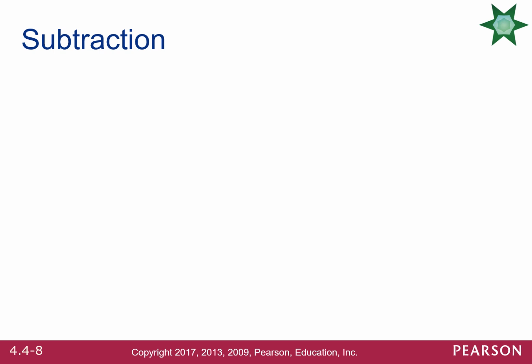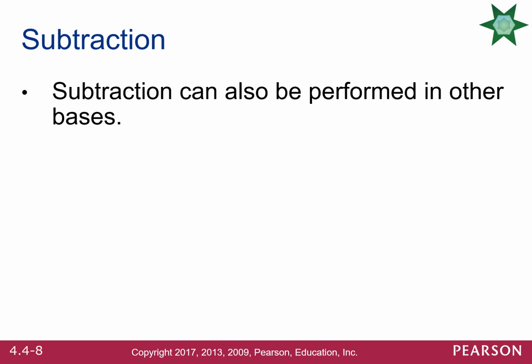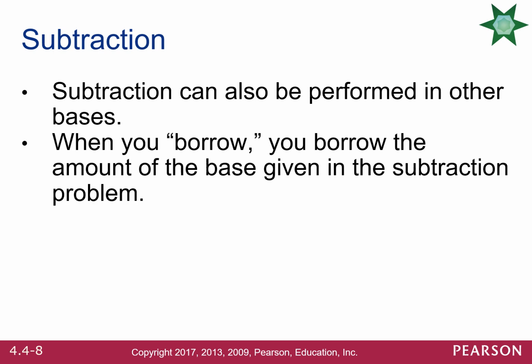So here's the process of subtraction step by step. It says subtraction can also be performed in other bases when you borrow the amount of the base given in the subtraction.